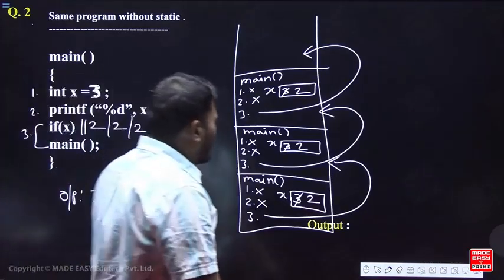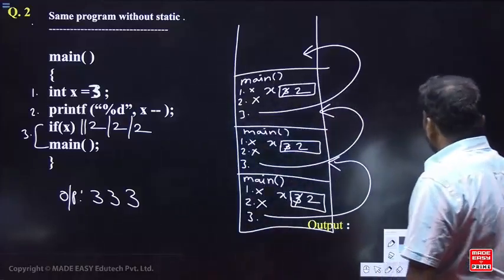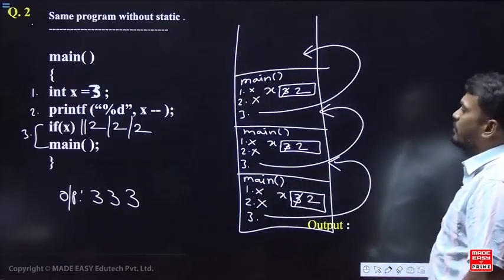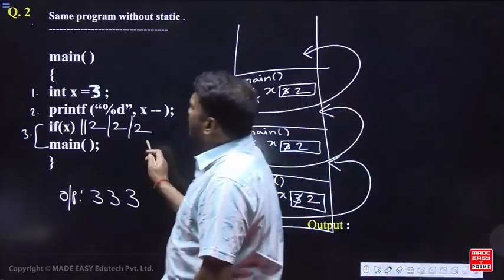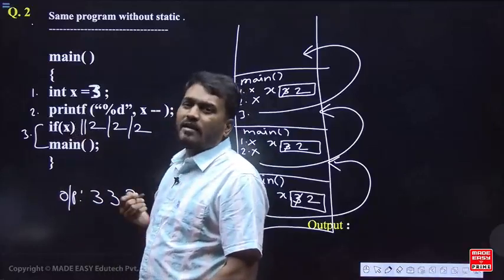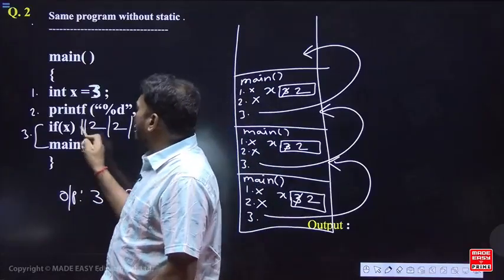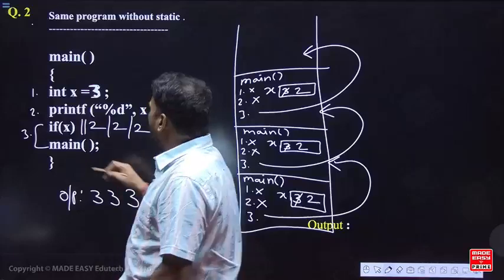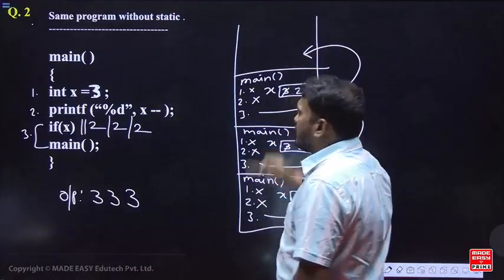Remember the same thing is happening like this, and this is called stack overflow, because this condition is never becoming false, and you keep on pushing the main function into the stack.